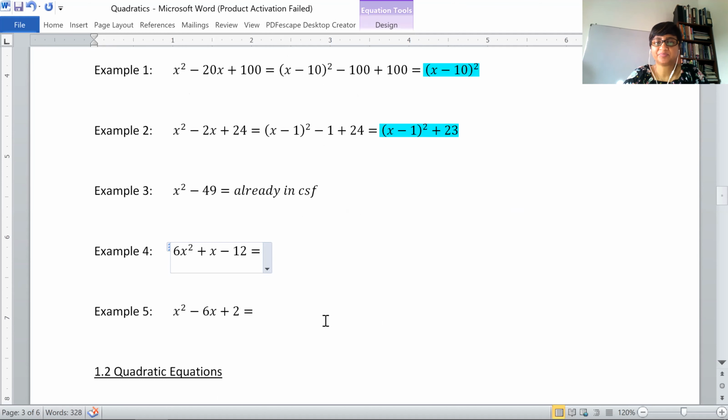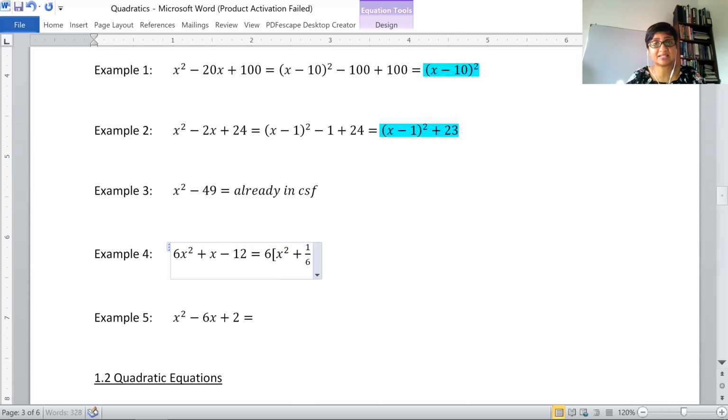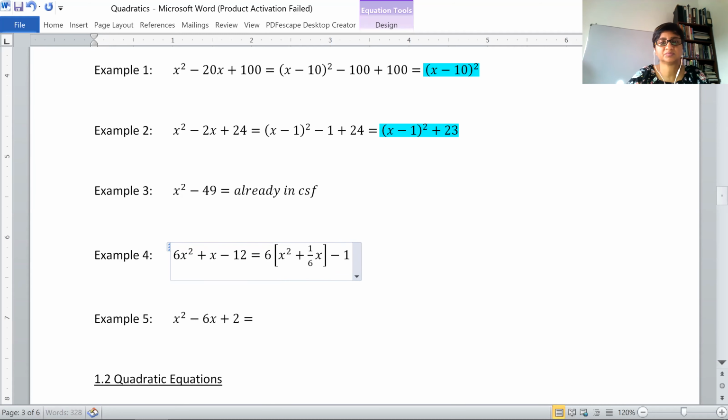Example 4. There is a 6 in front of the x squared term, which needs to be taken out of the two terms that have x in them. So you take a 6 out first. Let me put a square bracket. So you get x squared plus 1/6 x, and let me write the minus 12 like that.